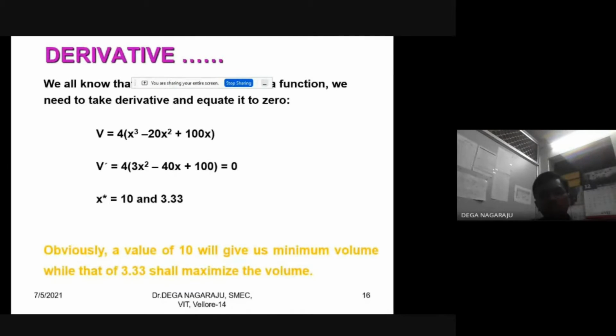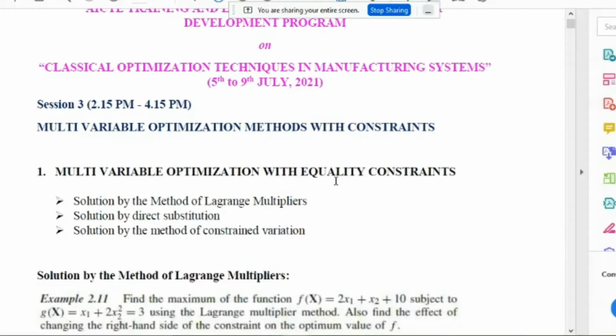Let us see what the various methods are that are available to solve multivariable optimization problems subjected to constraints. With respect to the given nature of the constraints, the suitable technique can be adopted.